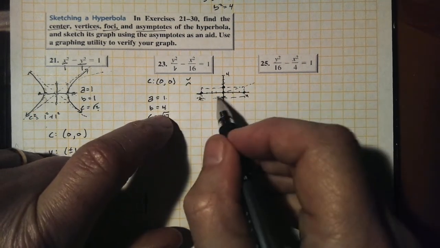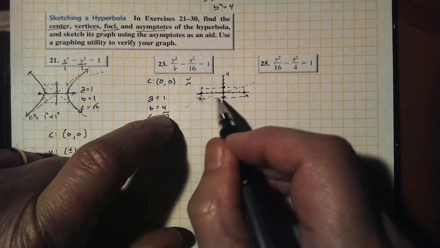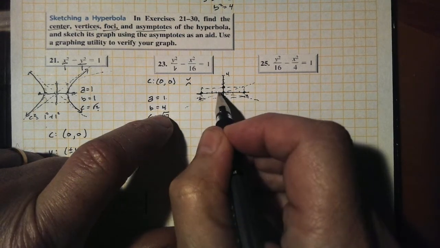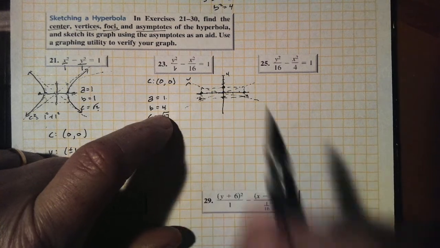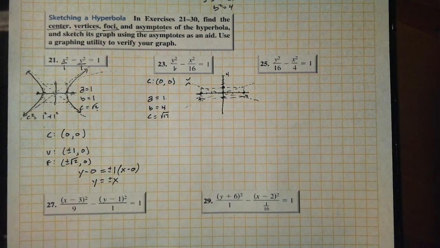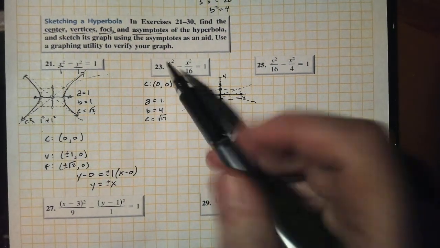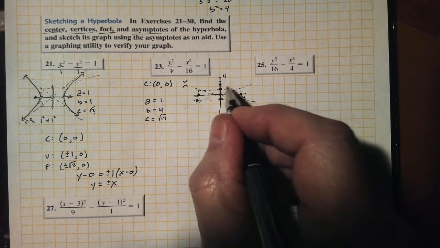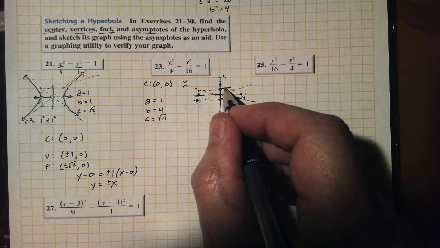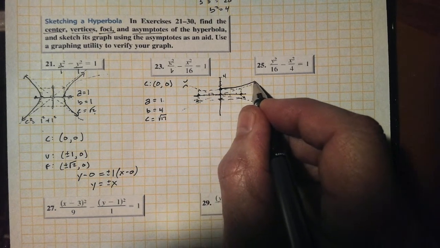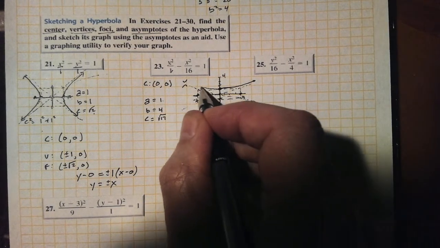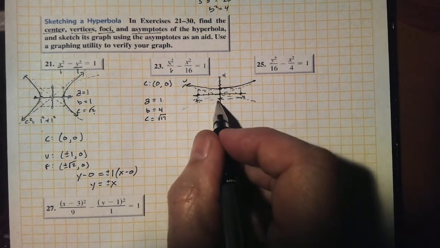I'm going to extend for my asymptotes. Now, don't make a mistake here. What direction does it open? It's a y squared. It opens up. So it's here, and boy, that thing's going to just go pretty horizontal right to that asymptote. Right to that asymptote.